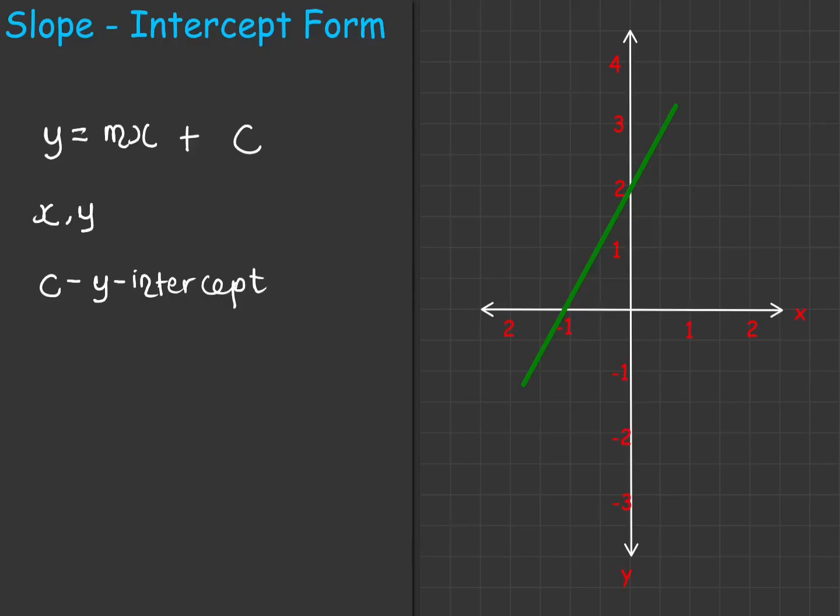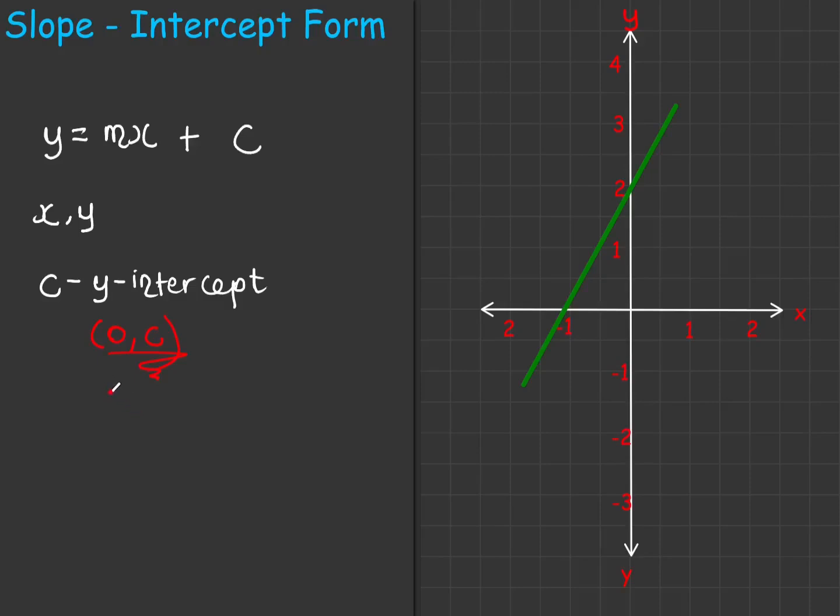We should take note that since it is a point on the y-axis, x is 0. So if you want to write the y-intercept as a point, it is going to be (0, c). This here is the y-intercept.